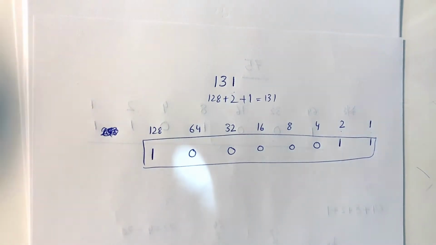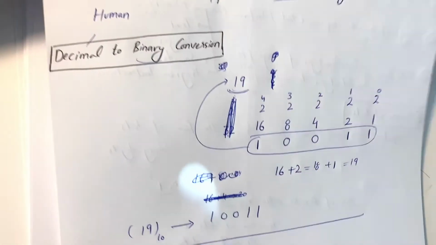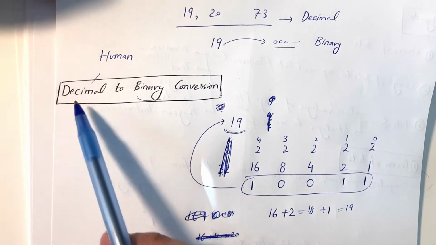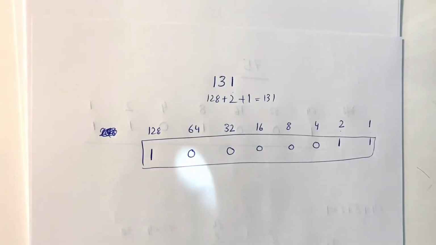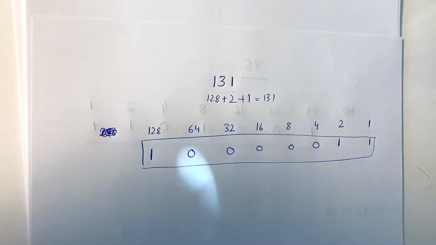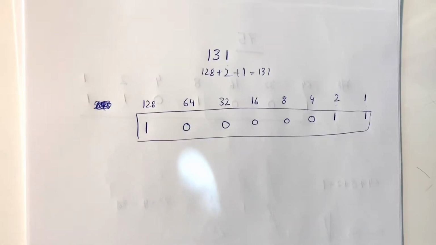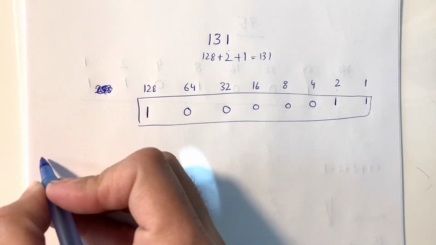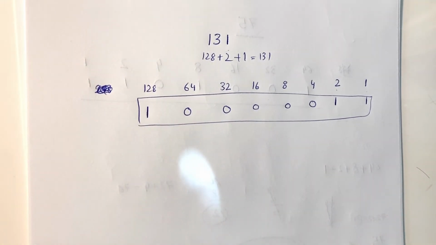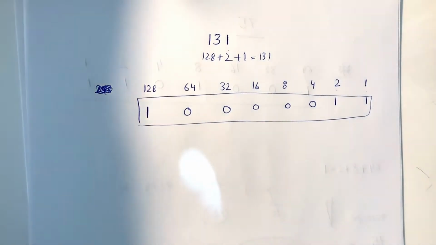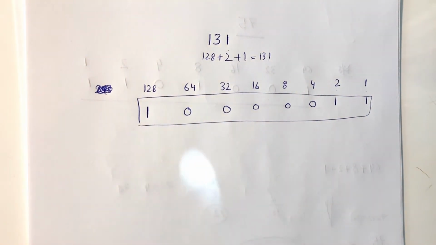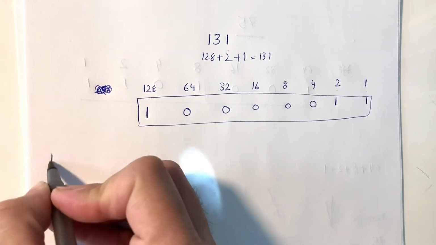So what we have learned here is how we convert a decimal value into binary. Now let's see how we can convert binary into decimal. Let's do the reverse thing here.